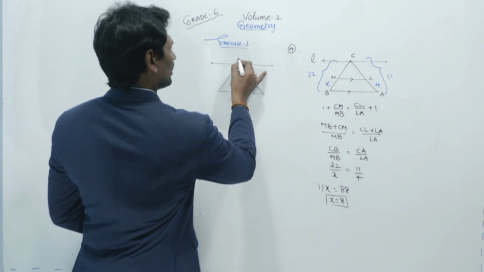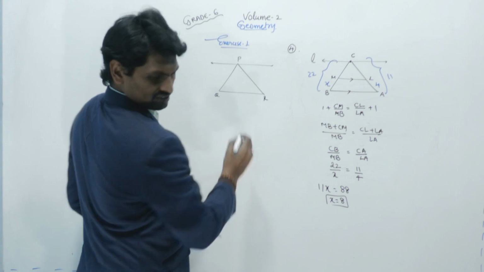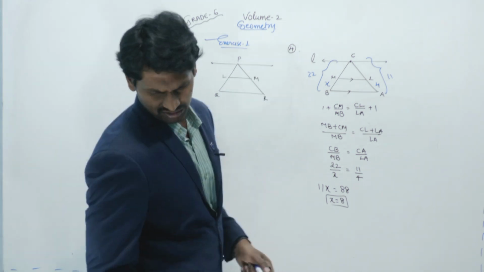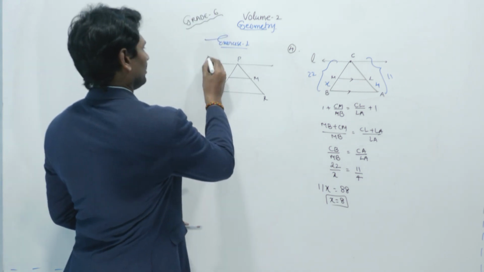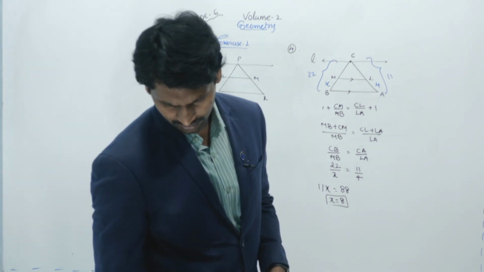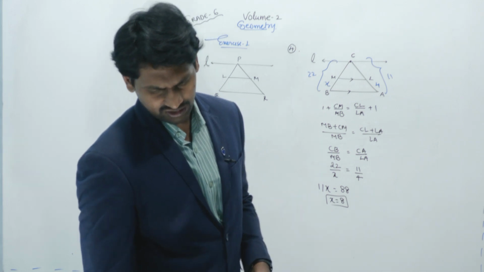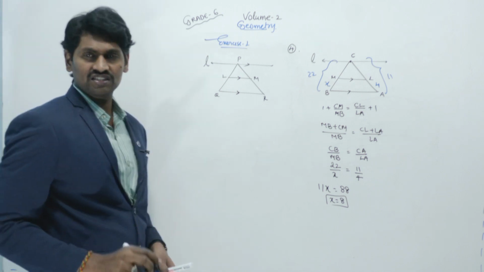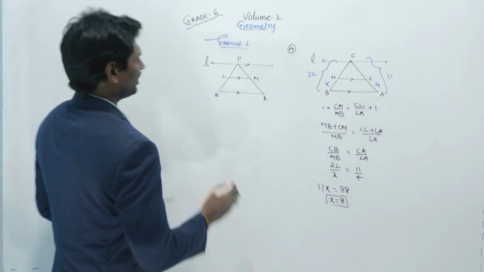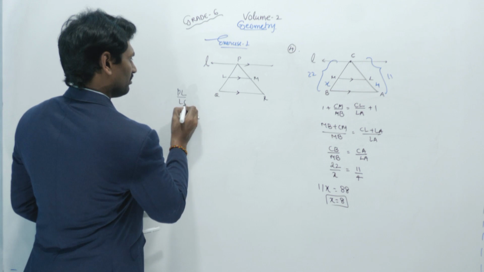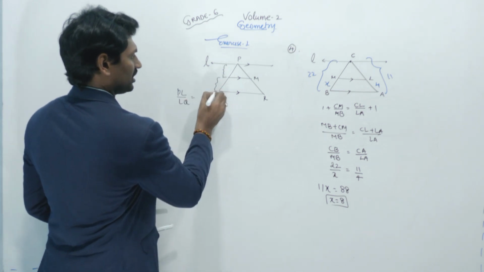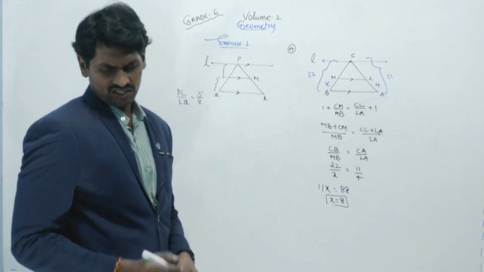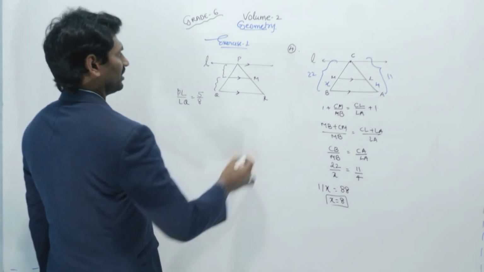PQR is a triangle and LM is a line segment, line l. From the figure it is given that these three are parallel lines, and PL by LQ ratio is 5 by 8. And PR value is 3.9, the total length.